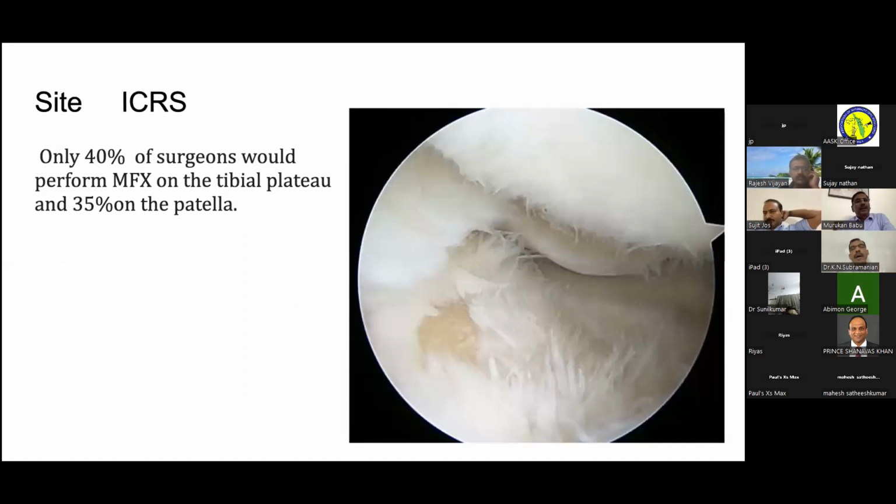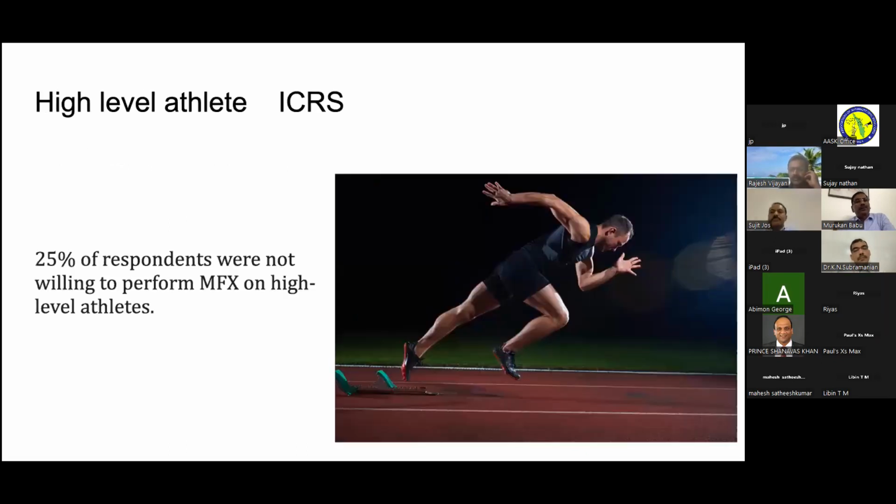On the site, about 40% of surgeons perform microfracturing on the tibial plateau and 35% on the patella, and the majority all agree with microfracturing of the femoral area. For high level athletes, 24% of respondents were not willing to perform microfracturing.